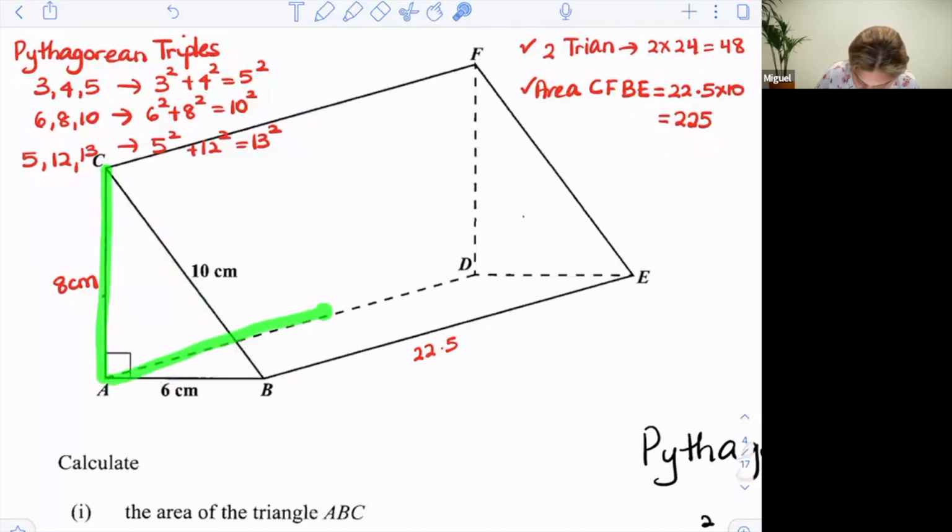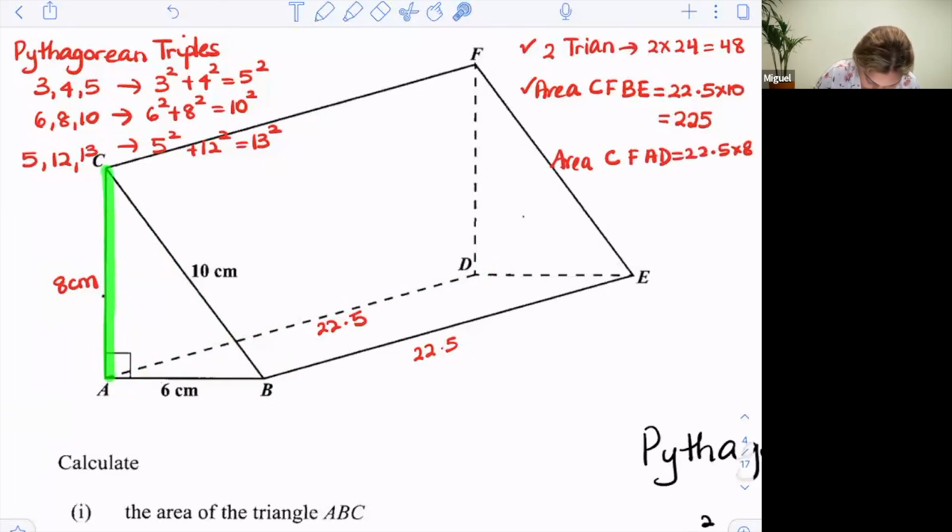And this length here is also 22.5. So the area of CFAB AD is 22.5 by 8. Watch it. This is our next rectangle here. And the last rectangle is the one to the bottom.